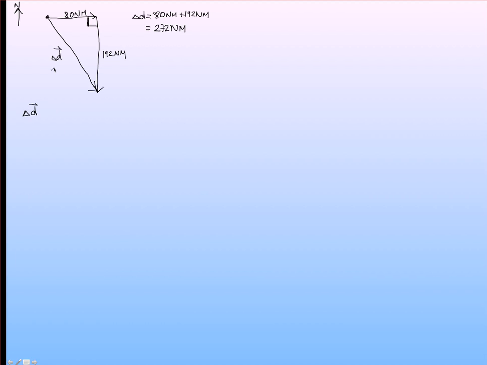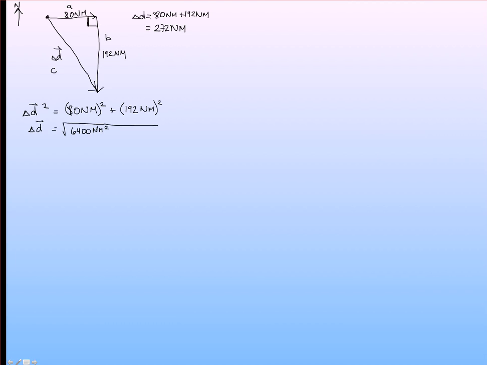If displacement, which is the hypotenuse of this triangle, represents c, then that squared equals 80 nautical miles squared, and we're squaring the whole term, plus 192 nautical miles squared, which means that delta d equals the square root of 6,400 nautical miles.